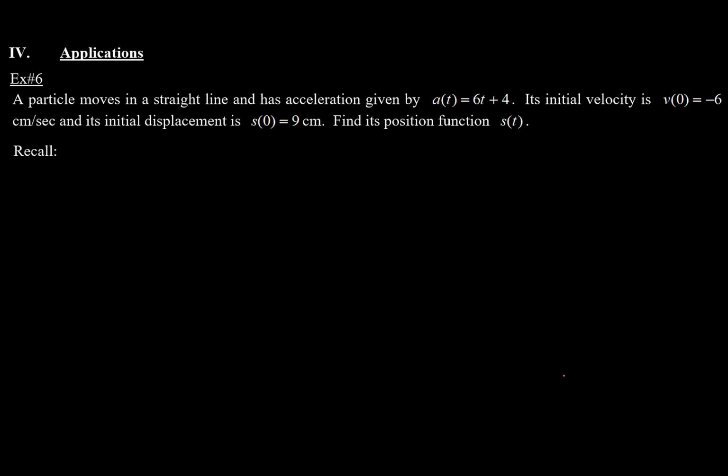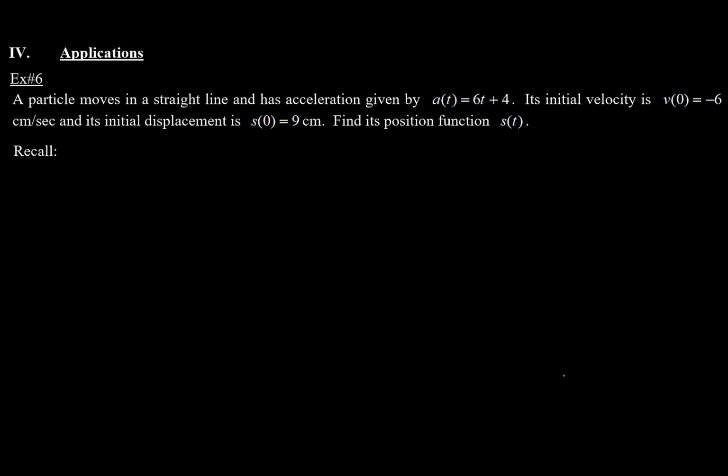So, what's a calculus section without a little bit of applications? So let's look at some story problems. We've got a particle moving in a straight line with an acceleration given by a of t equals 6t plus 4.